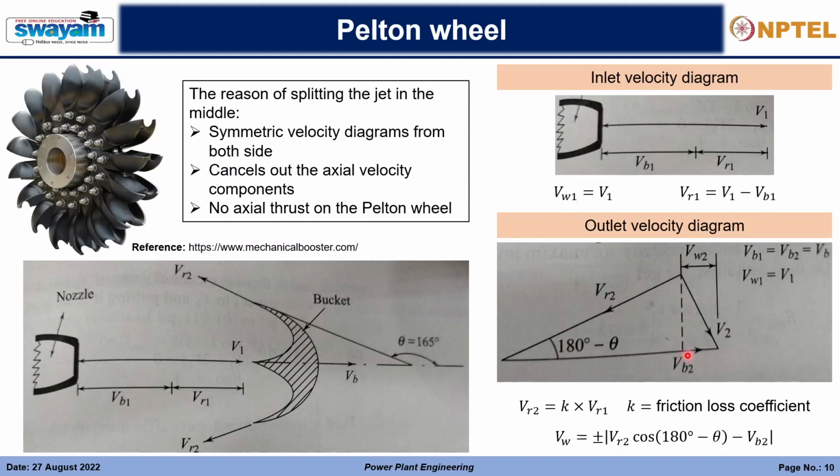That is the whole part, and if the absolute velocity is in this direction, you'll have to subtract the blade velocity, so minus vb2. But if it is in this direction, again we'll have to subtract that, but the velocity of the whirl component will be in the opposite direction. So I have written this absolute value, and there is a plus minus sign over here, so it can be either positive or negative.